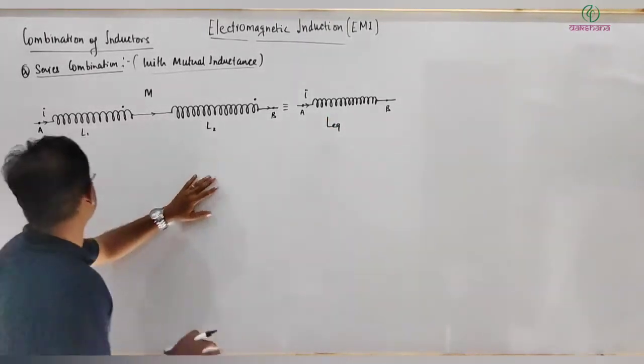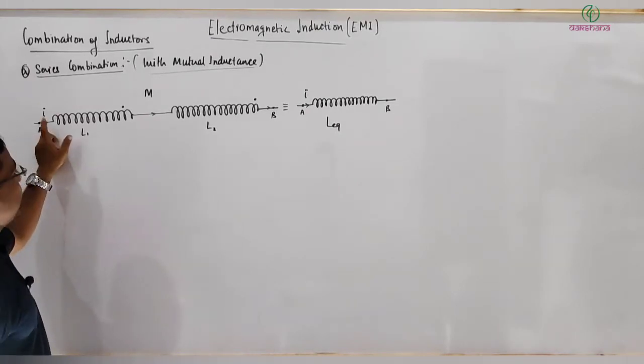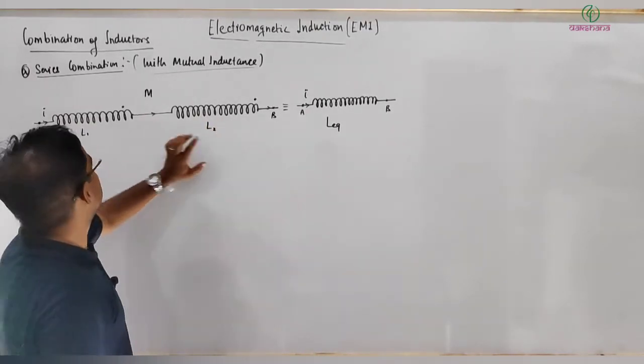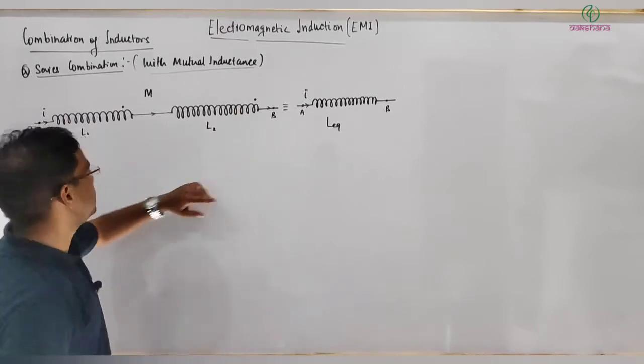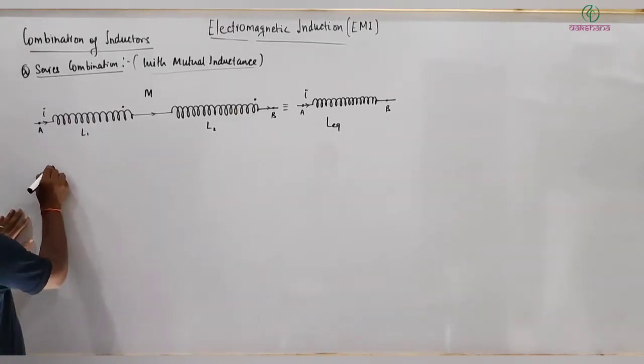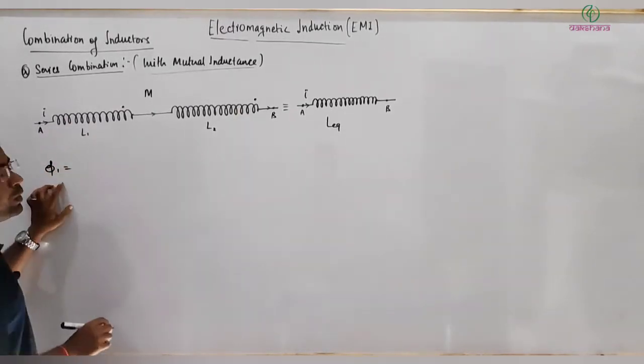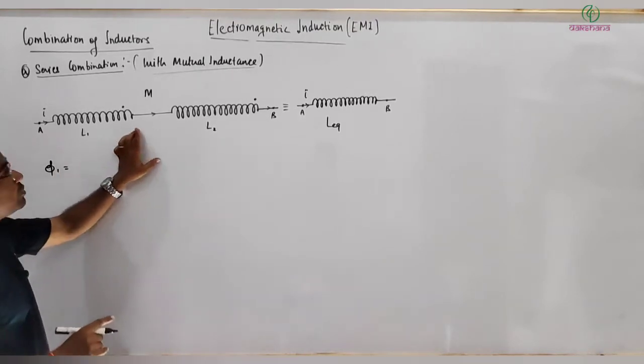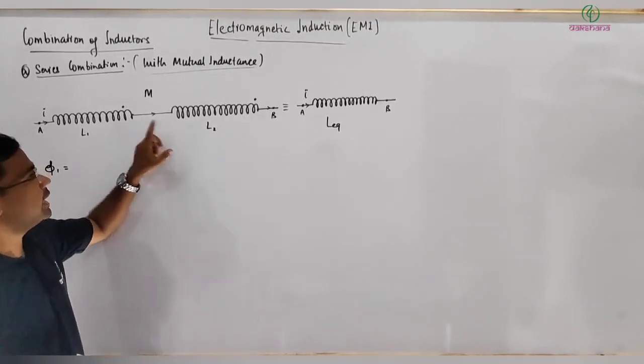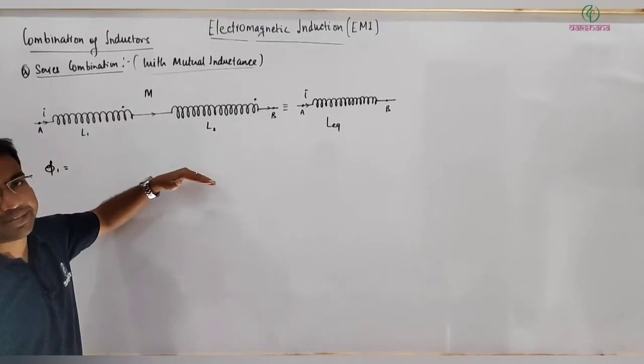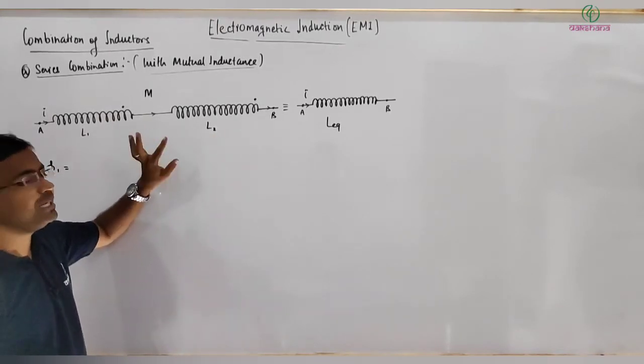For that I can write the current flowing as I, and here also it will be I. With the north pole pointed this way, I can write the net flux through coil 1 as what? You must be clear now, the north poles are pointing in the same direction, meaning the flux will be added here.